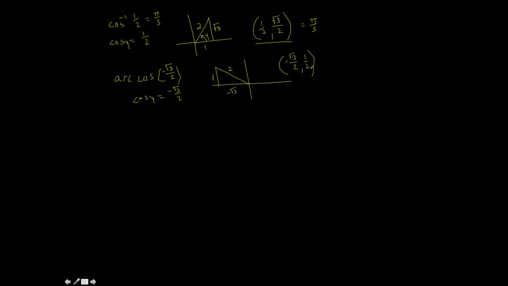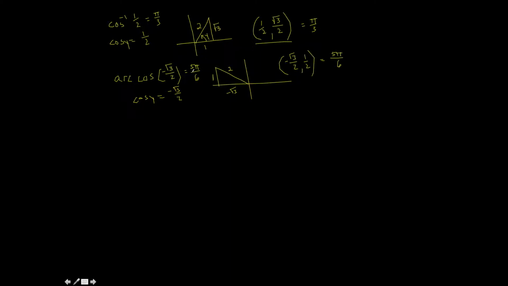So figure out what angle on the unit circle has that, okay? And you figure out very quickly that it's 5 pi over 6. So this whole thing would be 5 pi over 6.